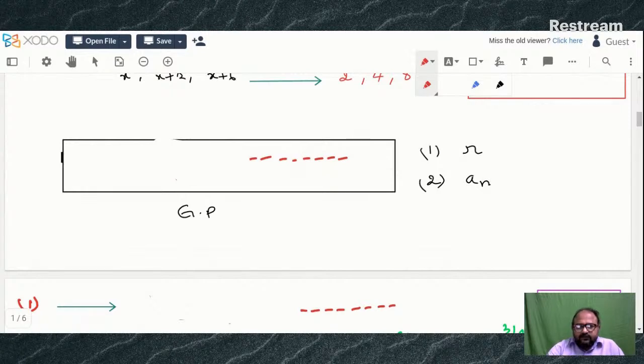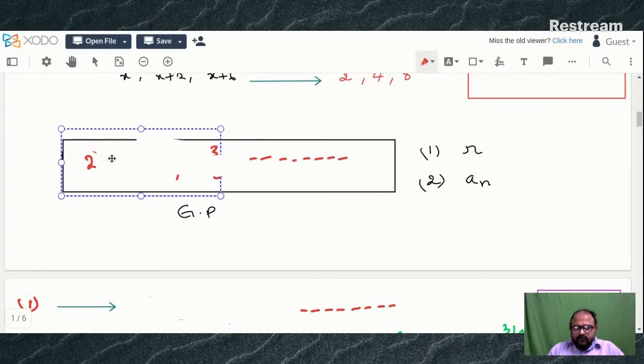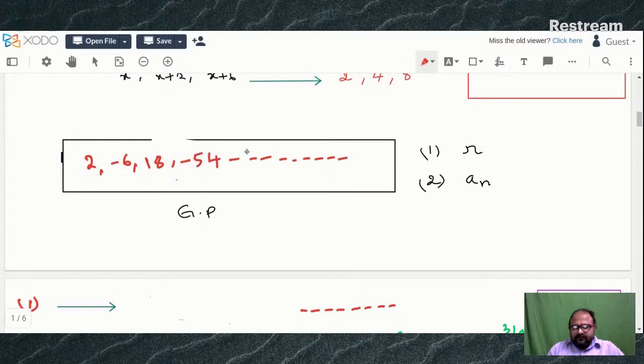It is 2, minus 6, 18, minus 54. This is the given list of numbers.